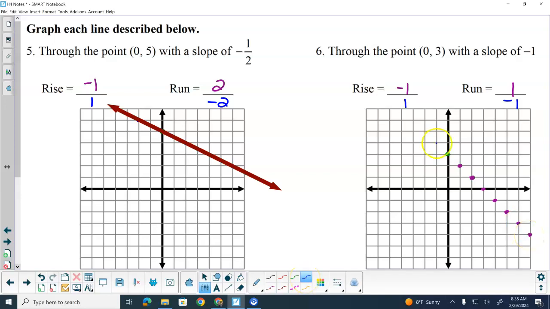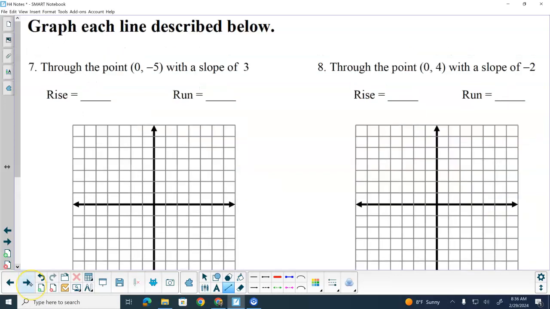Or up 1, left 1. Okay. 0, -5. Down 5. Slope of 3. Rise 3, run 1.